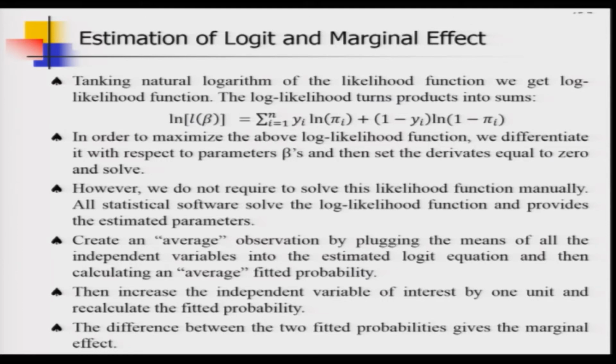If you do so, you get a measure of average fitted probability. Okay. And then you can increase the independent variable of interest by just 1 unit, holding others fixed, and then recalculate the fitted probability. The difference between these two fitted probabilities gives us the marginal effect of that explanatory variable, provided the other explanatory variables are all kept constant.